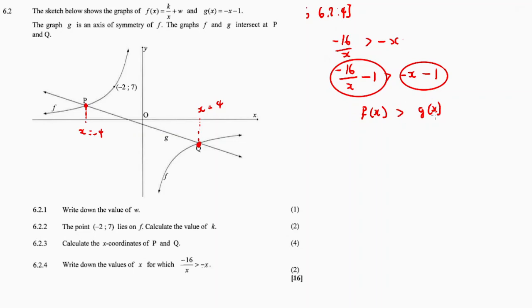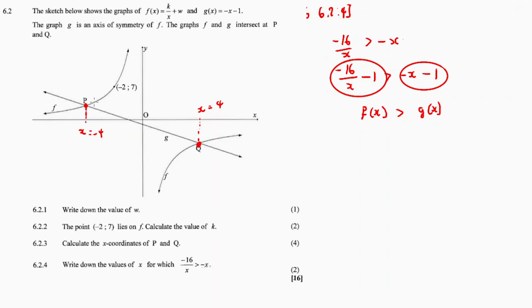Where is that? The portions of the graph where f of x is greater than g of x are where f is above and g is below, right? If I say f is bigger than g, then f must be above g. So where is my graph?